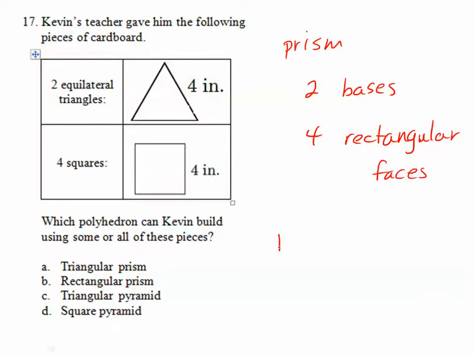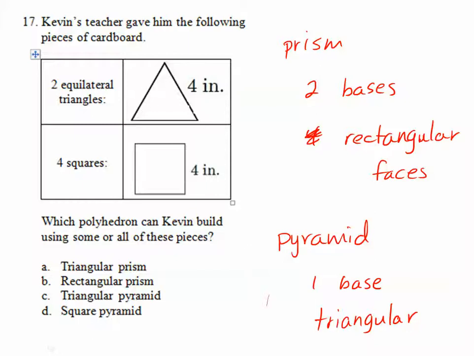For a pyramid, we have 1 base and however many, maybe not 4, rectangular faces, and we have triangular faces. So we would have 1 of something and then a bunch of triangles, depending on how many sides there are.